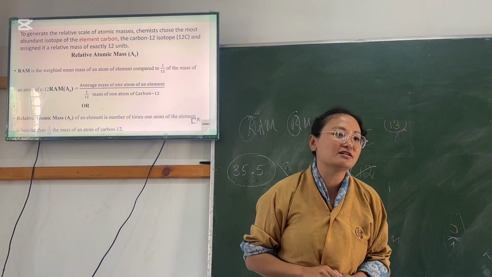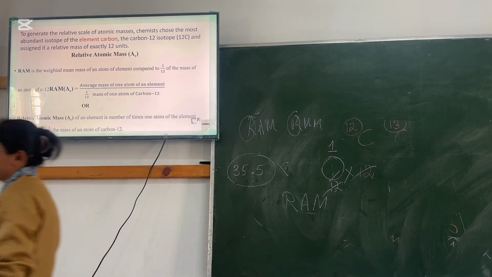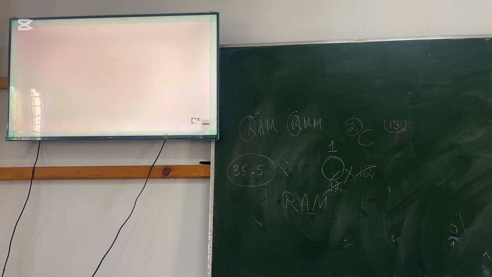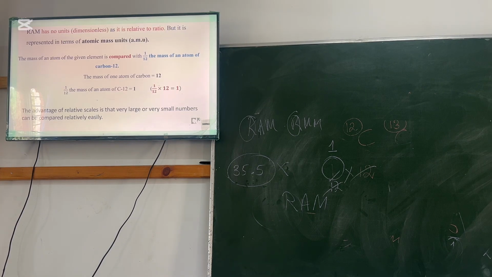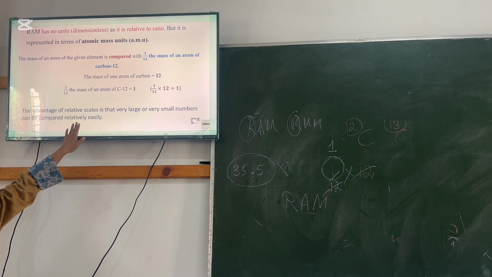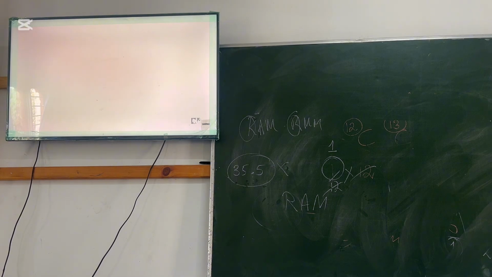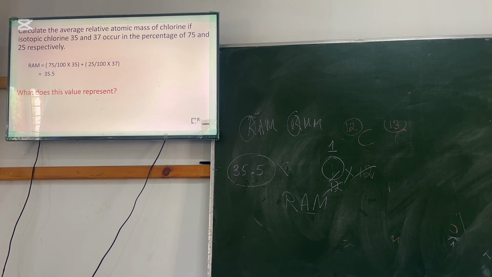That's why it was given the reference 1/12 the mass of carbon 12. We use this relative scale so that very large or small numbers can be compared relatively easily.